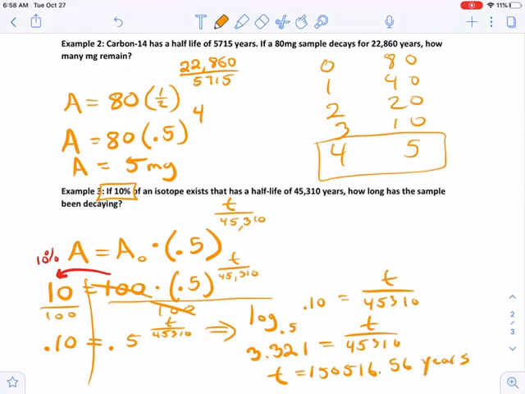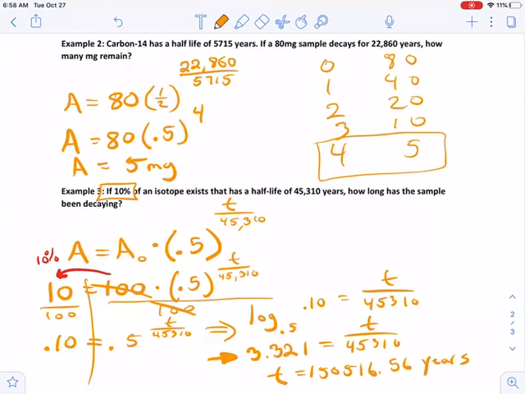So then we have that this sample is 150,000 years old. Here we can see that over 3 iterations of that have occurred in that time span. So it's been halved 3.321 times. And yeah, so this is what we're using.